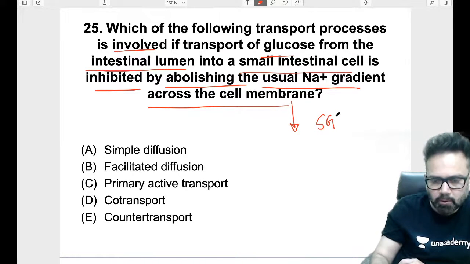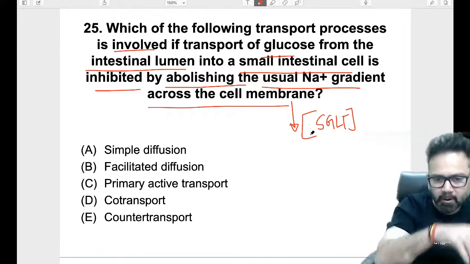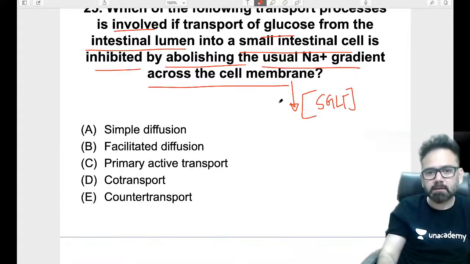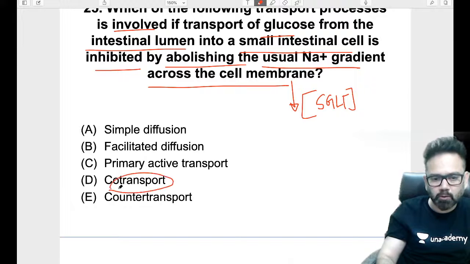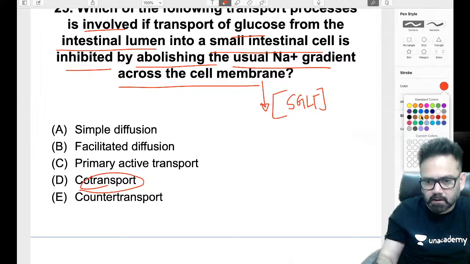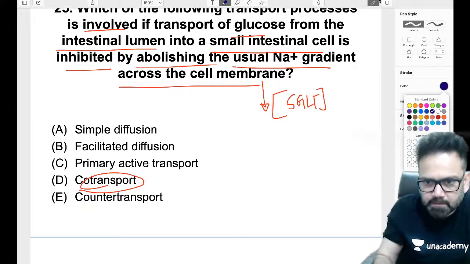So many times I have talked about this. This is a very important carrier protein. If you inhibit the sodium potassium pump, glucose will not be absorbed because you are inhibiting the co-transporter SGLT. And you might be remembering that this is of two types. Yesterday also I discussed this point. What are these two types?